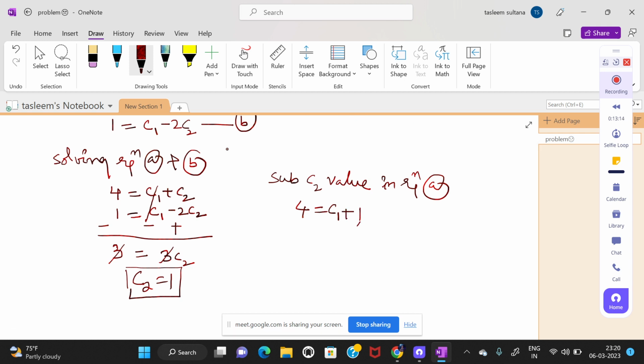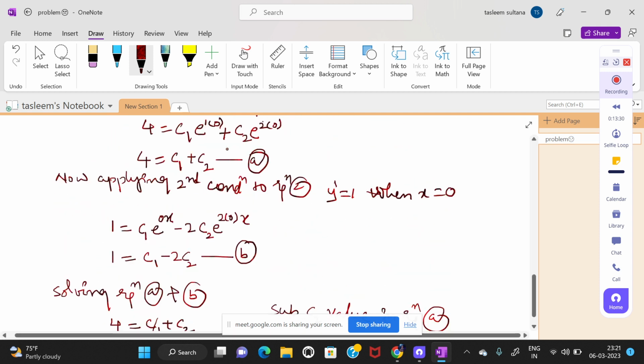Taking 1 to the other side, C1 equals 4 minus 1, so C1 equals 3. Now we have the constants: C1 is 3 and C2 is 1.